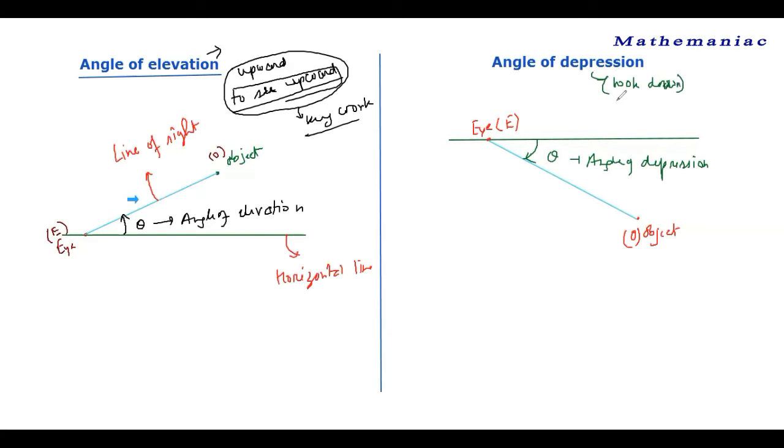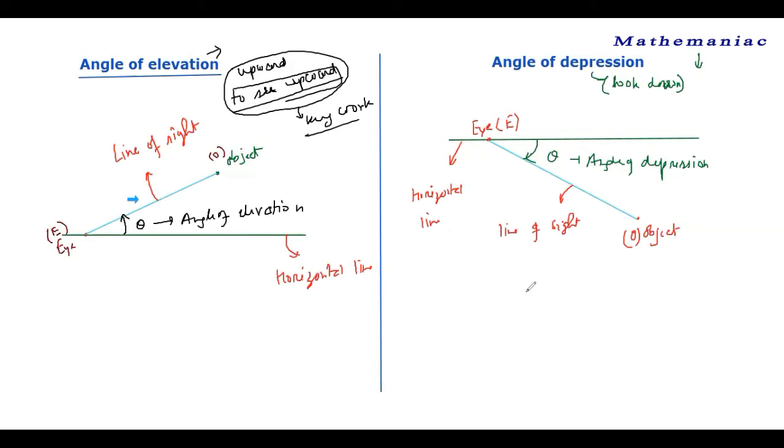See down. So this is the angle. And the names of these lines are still the same: this is the horizontal line, and this is the line of sight.